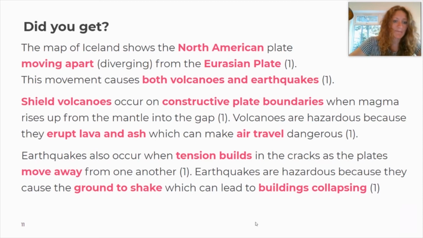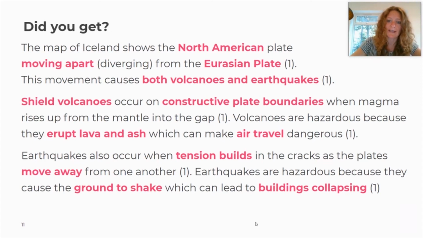Okay, the next bit then, earthquakes can also occur when tension builds in the cracks as the plates move away from one another. 1 mark for that. Earthquakes are hazardous because they cause the ground to shake, which can lead to buildings collapsing. Now, it wouldn't be enough to say cause the ground to shake, because actually they're asking about why it's hazardous.